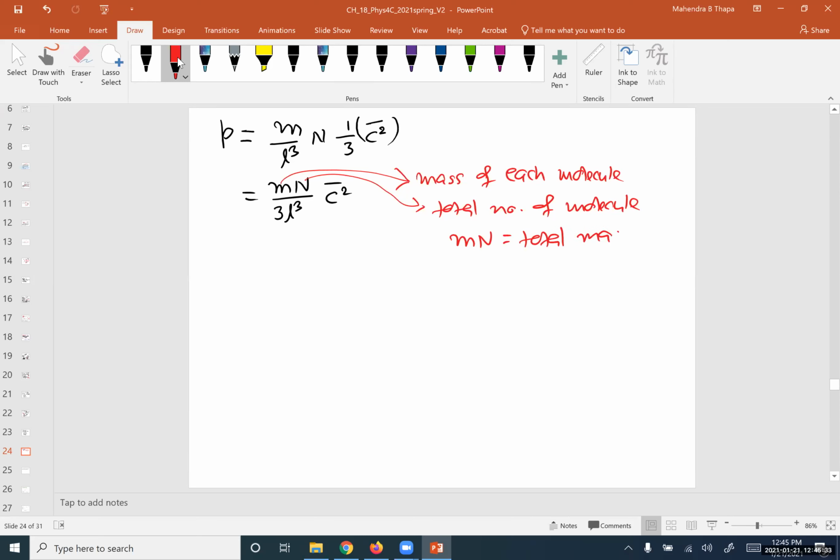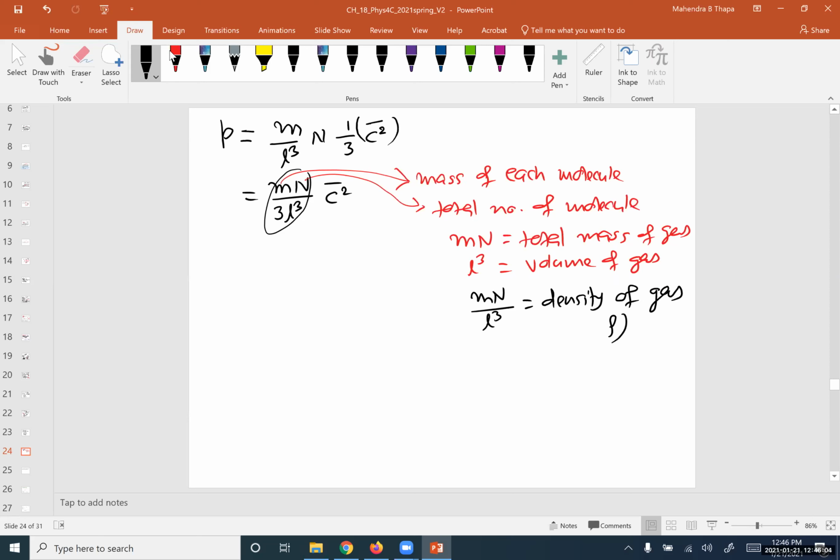And L cubed is basically the volume of the gas. So this whole term will give you the mass per unit volume, so m times n over L cubed will give you the density of the gas.